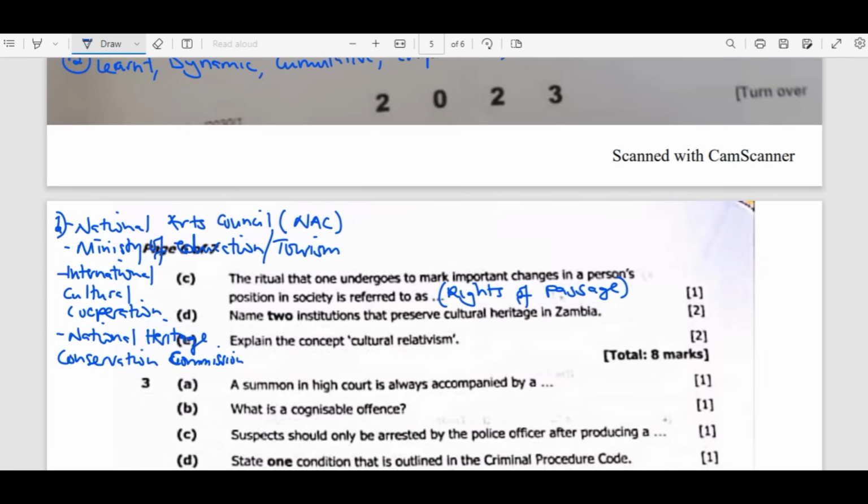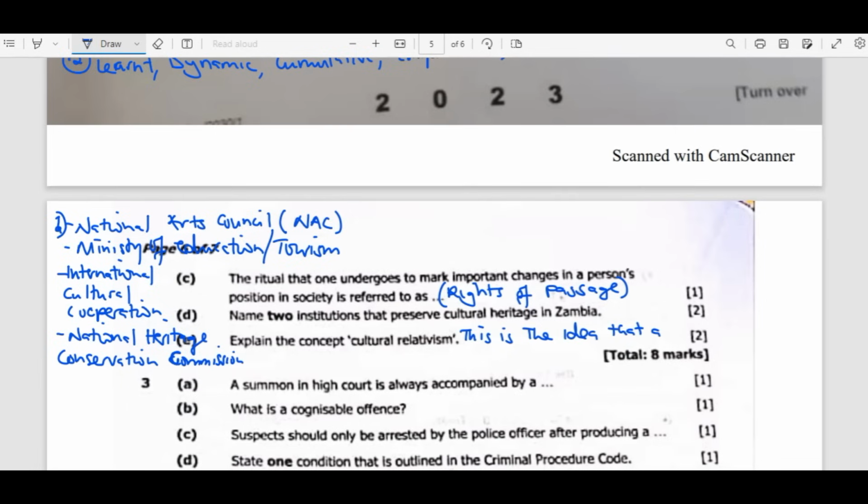So that behavior which has been portrayed by an individual, to some societies it may not make sense. To some societies it can't hold water. But in other societies you'd find that it can make sense. So we are saying that this is the idea.